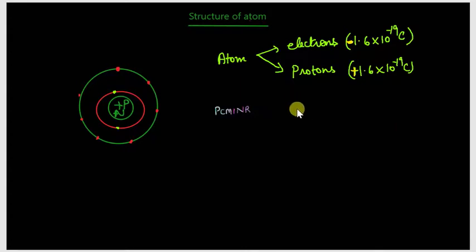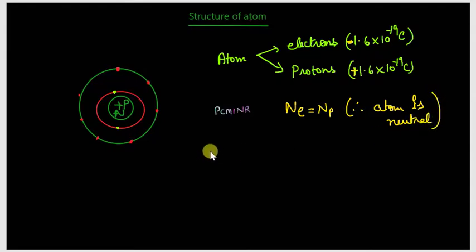Now, because the number of electrons is equal to the number of protons in an atom, therefore an atom on the whole is neutral. And the third particle, that is neutrons, are present in the nucleus and they are neutral. So they do not carry any charge, hence they don't contribute to the charge of an atom, but they are heavy, so they contribute towards the mass of an atom.